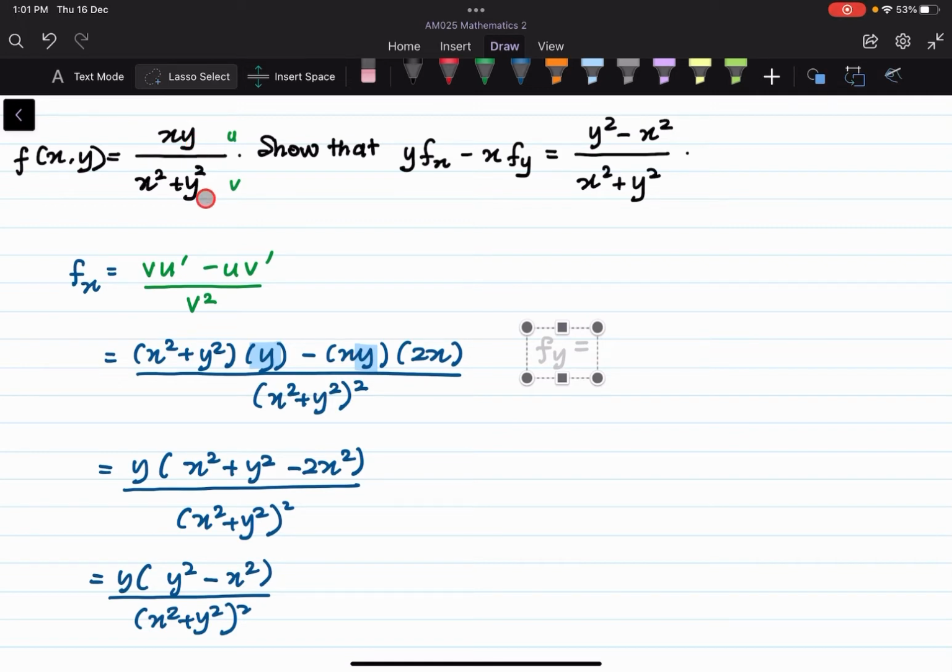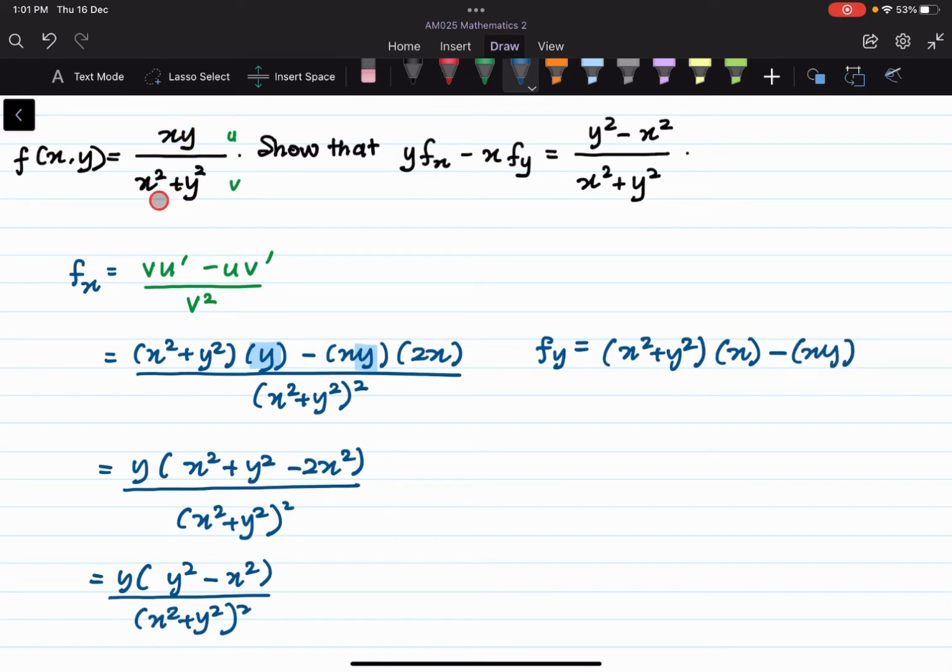So using the quotient rule, v is x squared plus y squared. Differentiate xy with respect to y is x, minus u, which is xy.